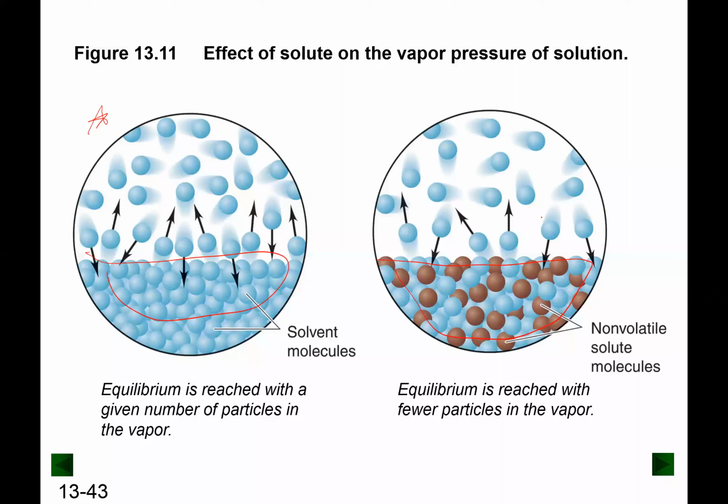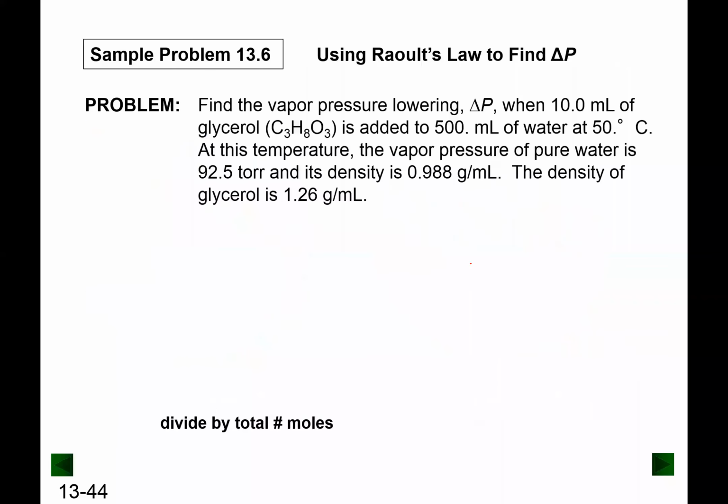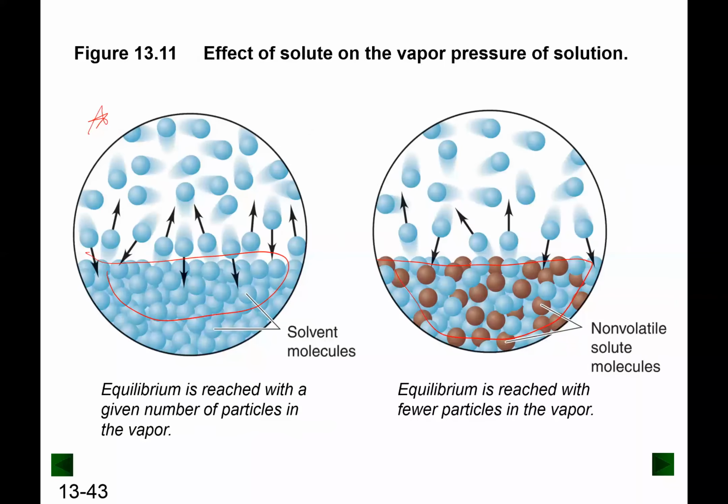For the entropy of the solution system to be equivalent to the entropy of the pure solvent system, we already have a higher contribution from the solution because of the increase in entropy here. And so we don't have to evaporate as many to achieve the same level of entropy. Again, that's just the overall description of why.